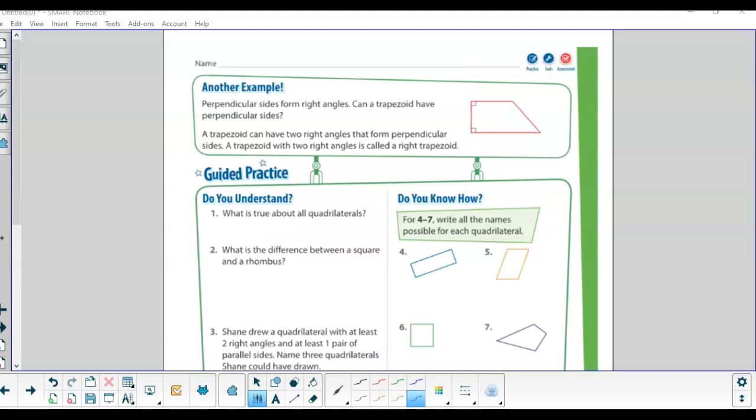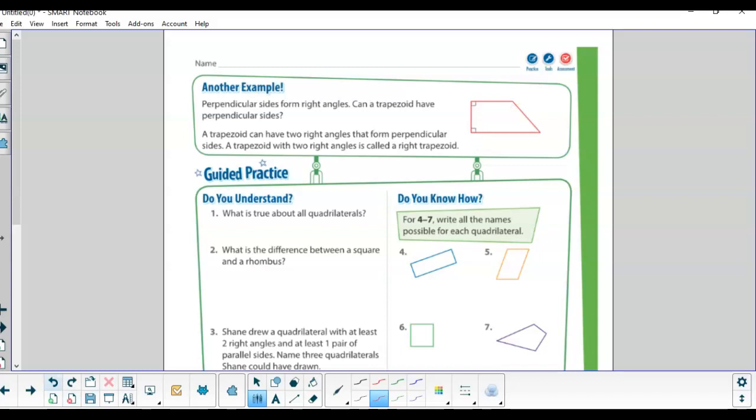Okay, let's take a look now at page 595. And another example at the top, we just discussed that, about how a trapezoid can have right angles, and those opposite sides actually do form perpendicular lines. So if you look right here, this side here is actually perpendicular.